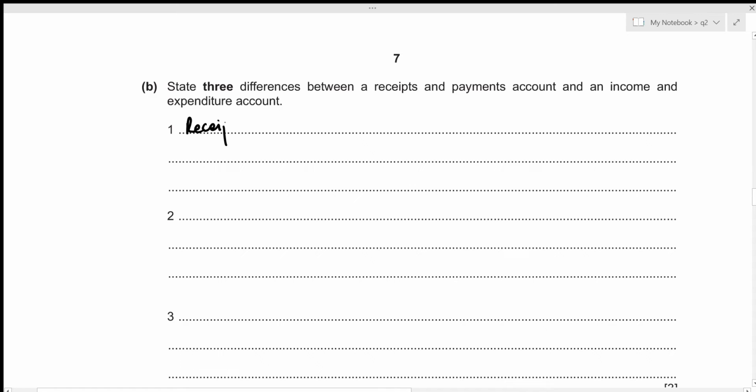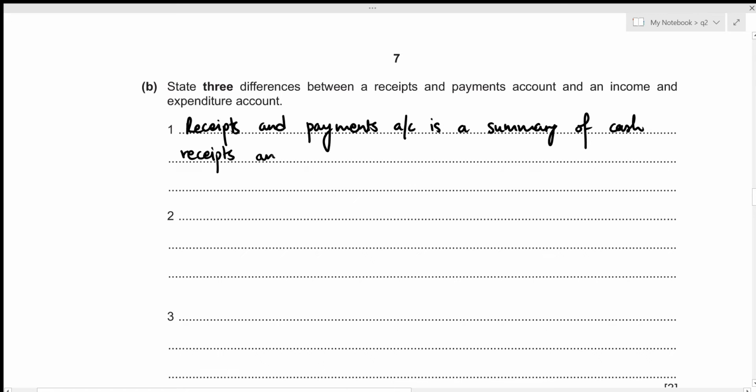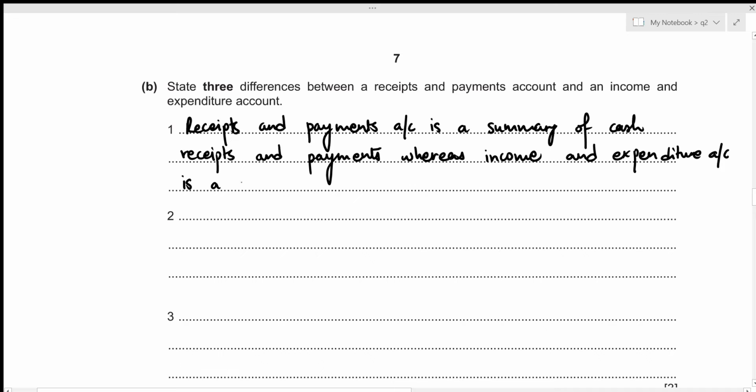Receipts and payments account is a summary of cash receipts and payments, whereas income and expenditure account is a summary of incomes and expenses.